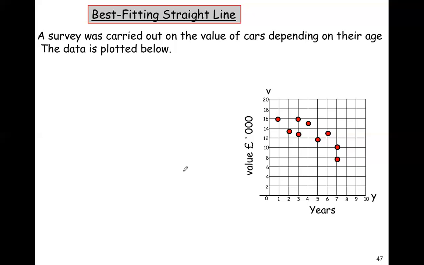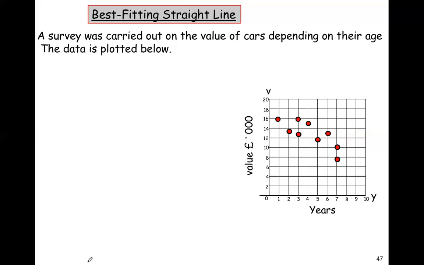As a car gets older, its value would start to go down, unless you get into the 25 year classic type cars, then the value would go back up again. But if you're a salesperson and you only sell standard cars, you can probably say, I've been selling these cars for the past few years, I've been taking data points, and this is the kind of graph that you would get.